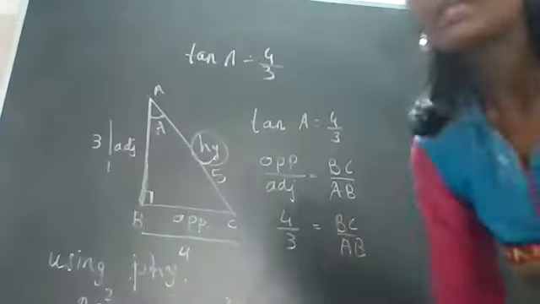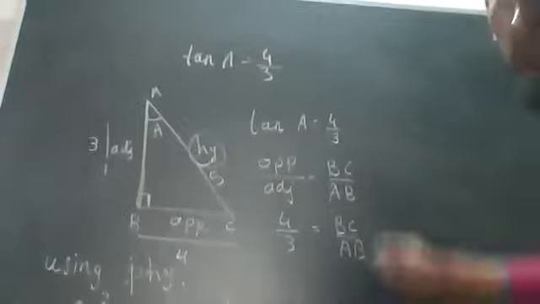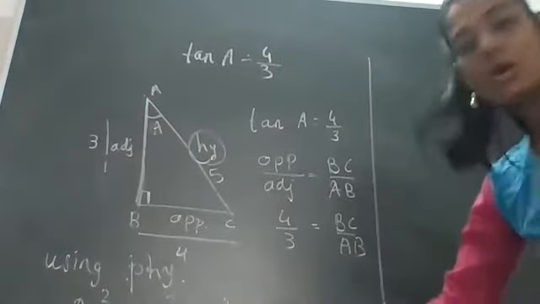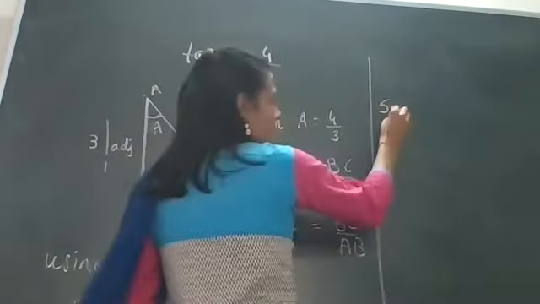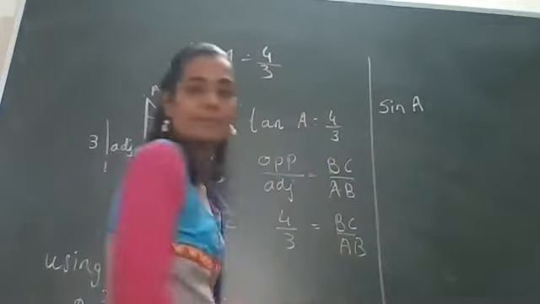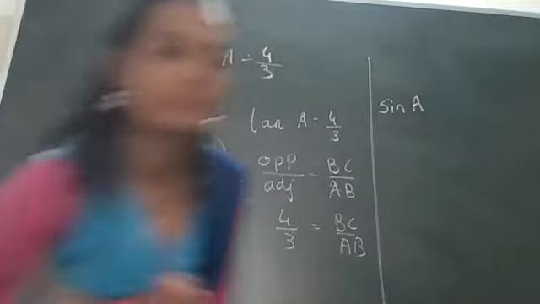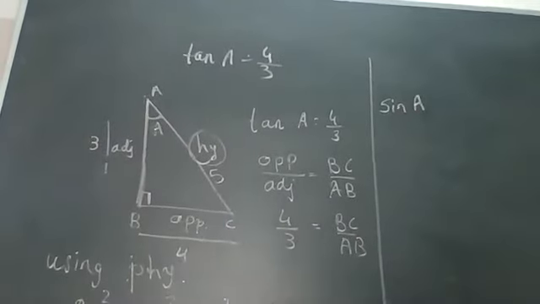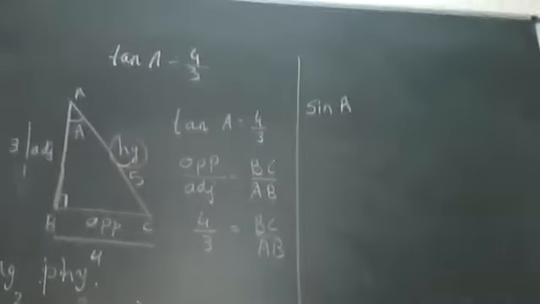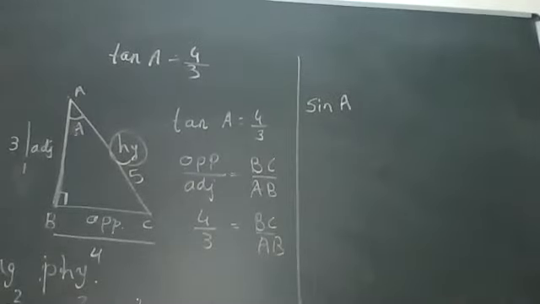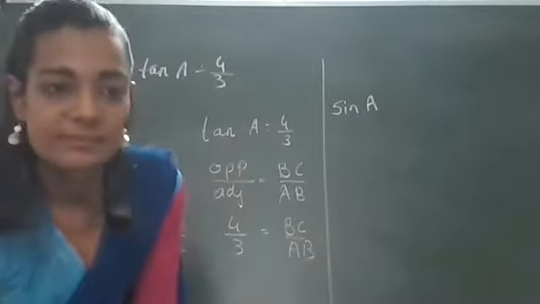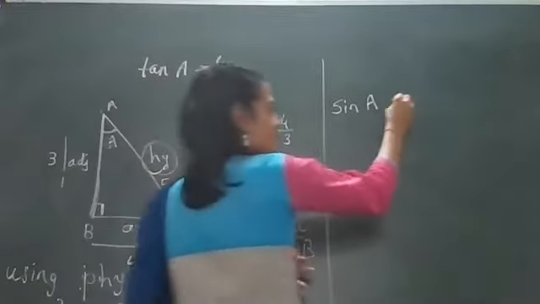Now we are going to find out the rest of the trigonometric terms. So first of all, using all these things, we will find out sin A. What is sin A?